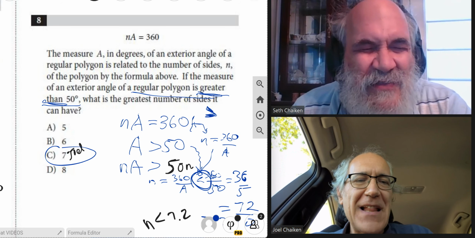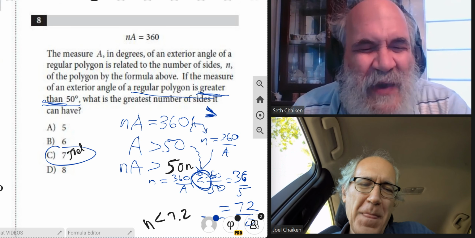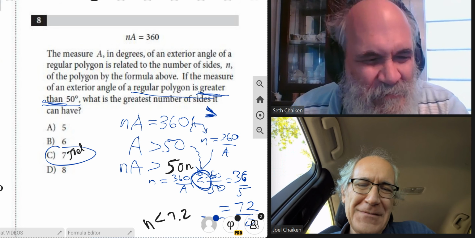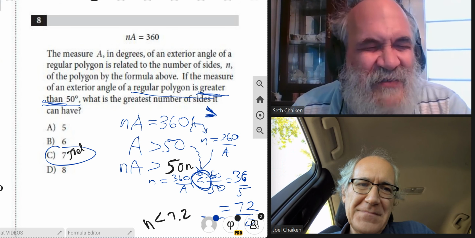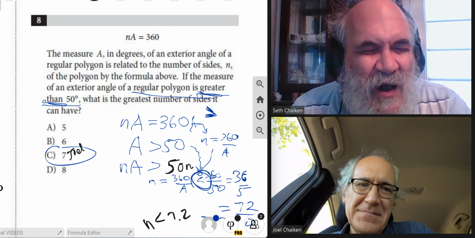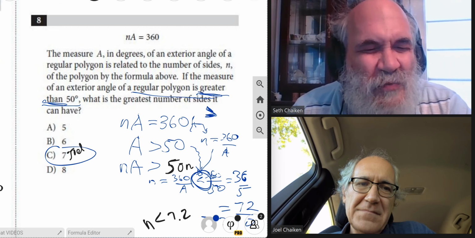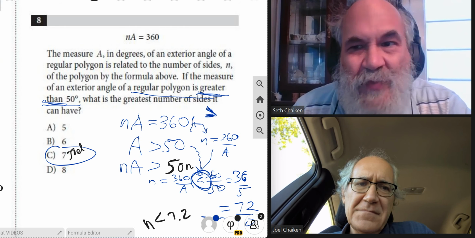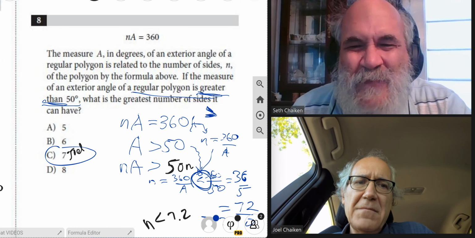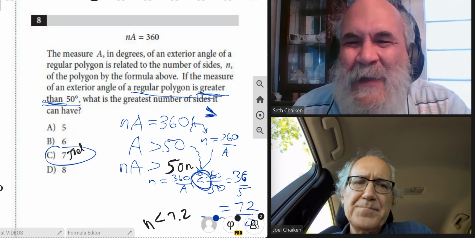Well, the math operations express in a different language the logic that you apply directly to the problem, so long as both are valid, so long as you didn't make a mistake.